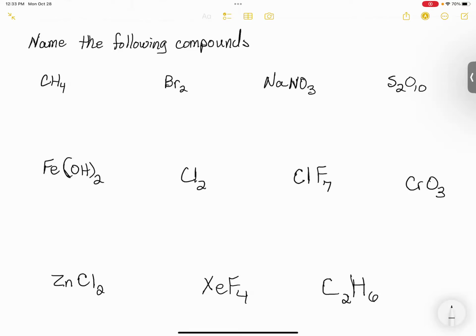The reason is if I put metal, it's ionic. If I put non-metal, it's covalent. So let me actually write these up here.